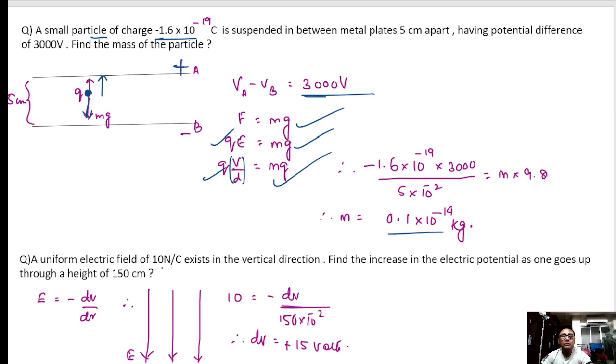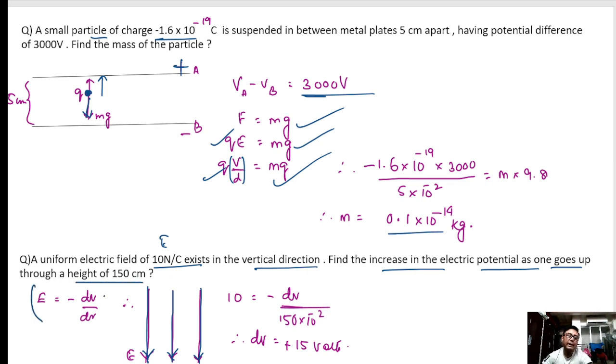A uniform electric field, this is E, exists in the vertical. So this is the uniform electric field, in the vertical direction. If I move up, potential will increase, and if I move down, potential will decrease. Find the increase in the potential as one goes up to a height of 150.